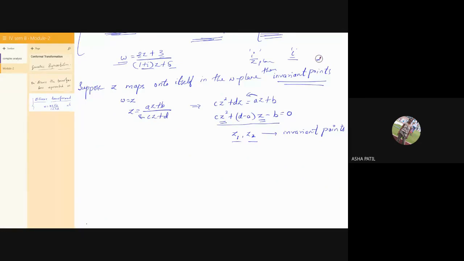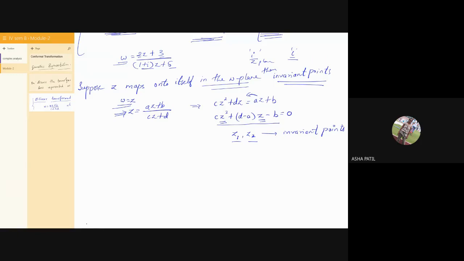So write that if z maps onto itself in the w plane, then write w equal to z, that implies z is equal to az plus b divided by cz plus d.